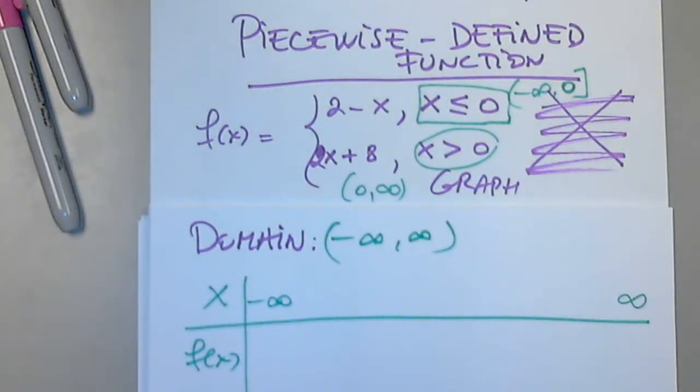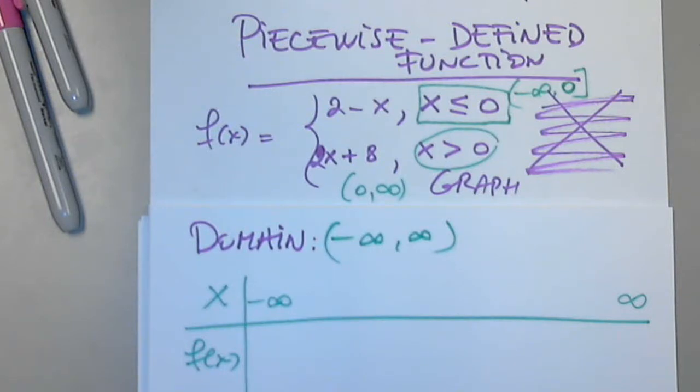And now I'm going to ask you the next question. Which x value must be in the chart and why? 0. Why? Because that's what it's defined by. Nope. Say it again. No. I need to have 0 in there.